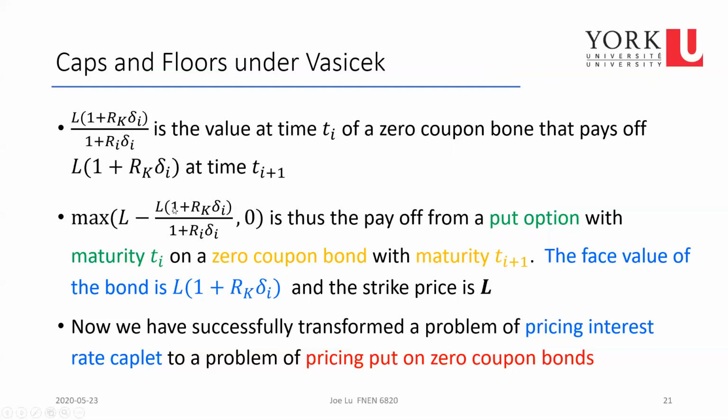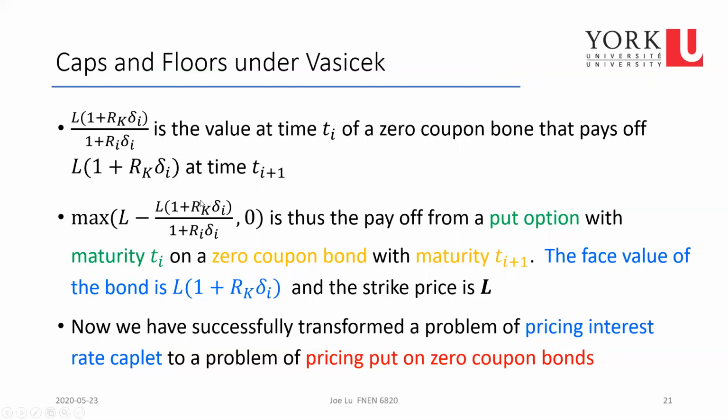L times the bracket 1 plus Rk delta i is the maturity value of the zero coupon bond, and this L, which is the notional, can be treated as the strike price. So basically, we now have changed the problem of pricing the interest rate caplet to the problem of pricing a put on a zero coupon bond.